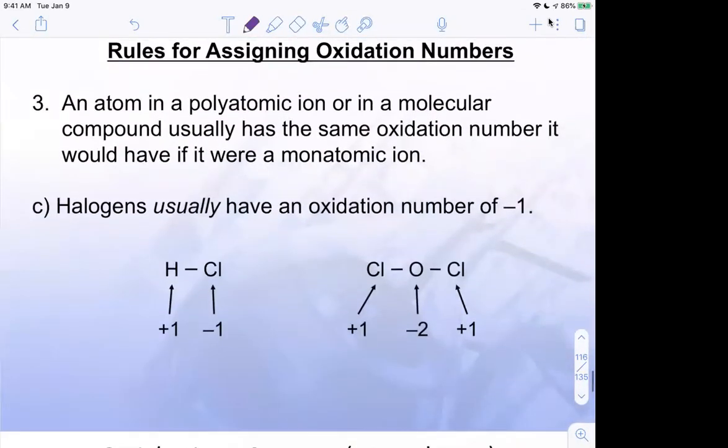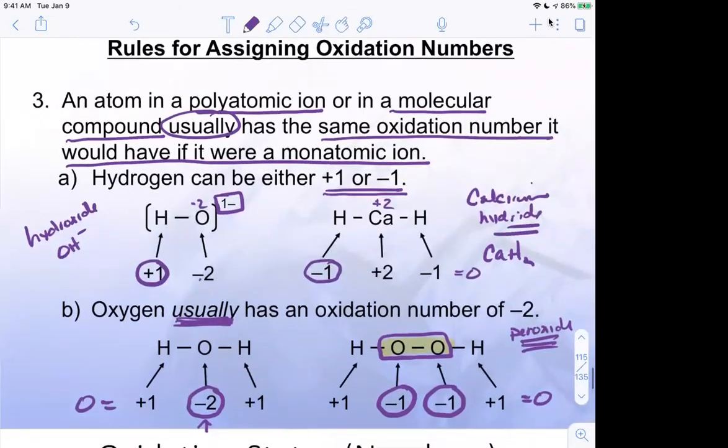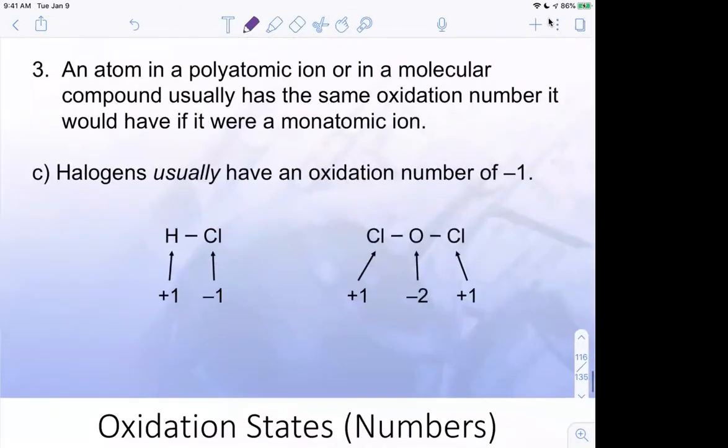Rule number 3. The atom in a polyatomic ion or a molecular compound usually has the same oxidation number as it would if it were a monatomic ion. This is the continuation. I just wanted to repeat that. And then look at halogens.